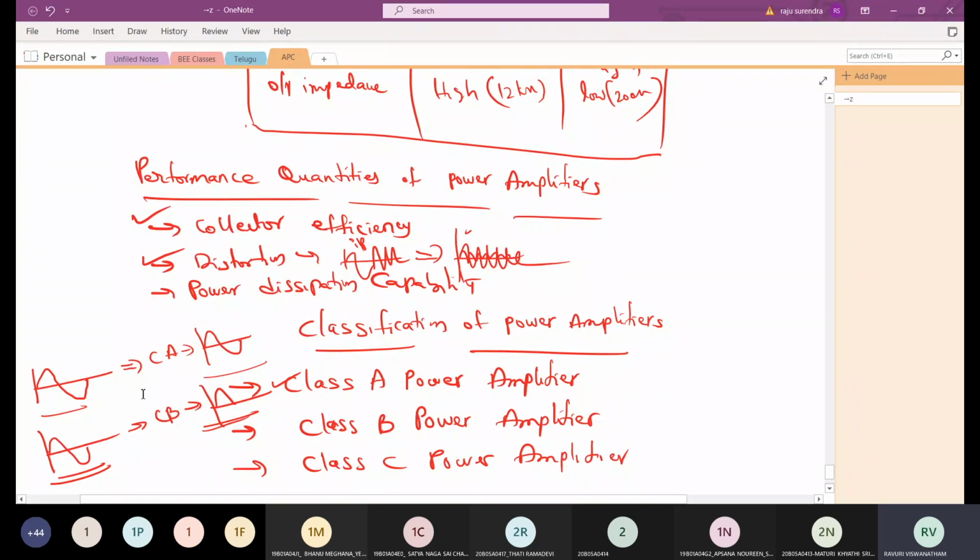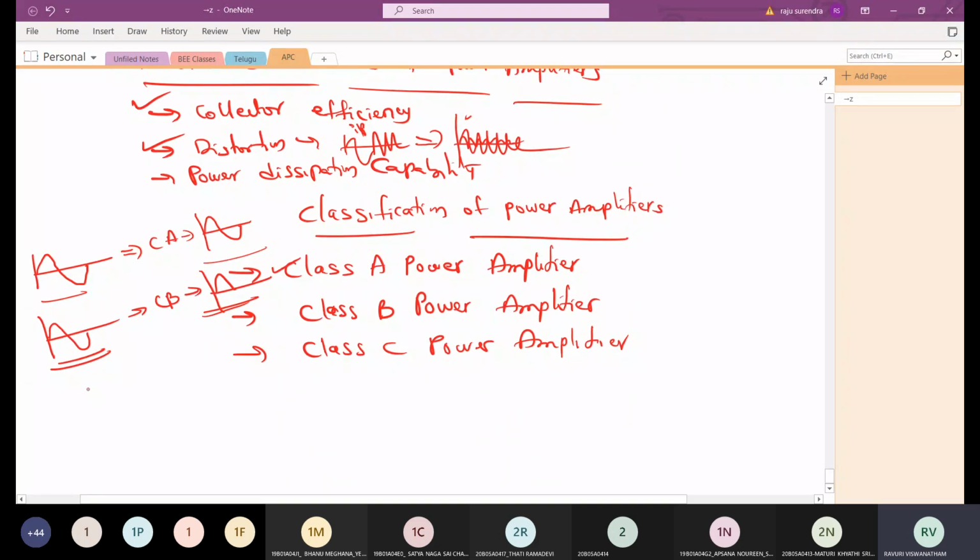And coming to the class C power amplifier, I applied the same input signal. Here the collector current flows for less than the half cycle of the input signal. Now in which type of power amplifier is distortion high?